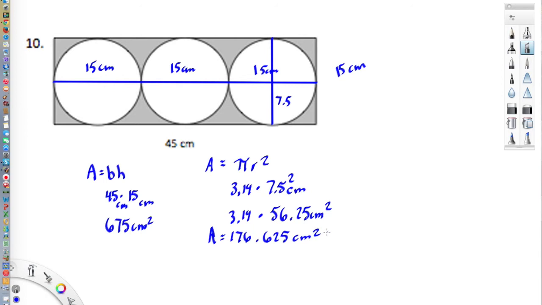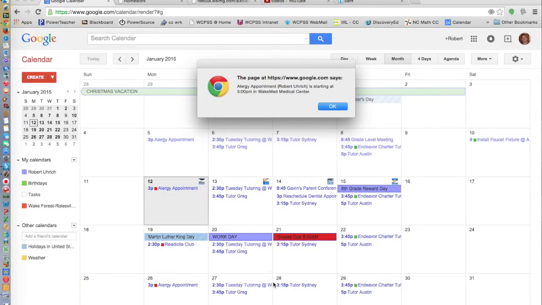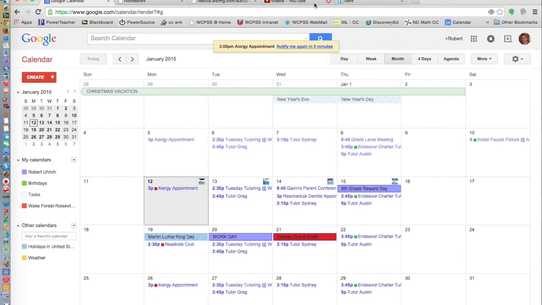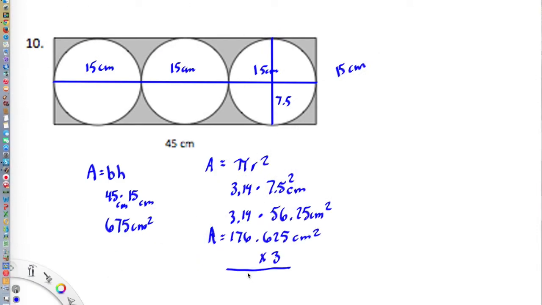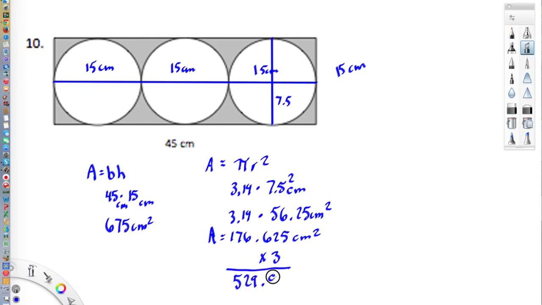But I have 3 of these circles, so I would have to multiply that by 3. If I multiply the area of one circle by 3, I'm going to get 529.875 centimeters squared.